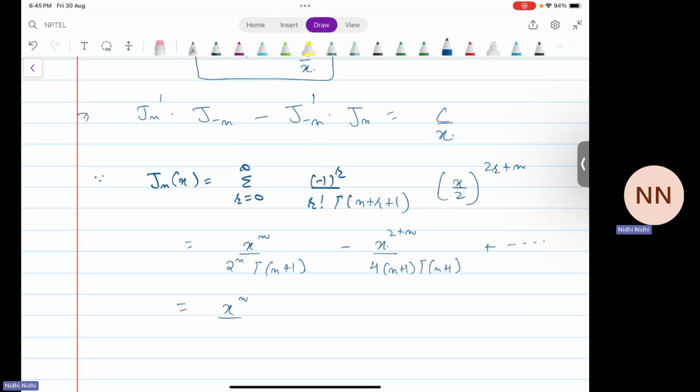I'll take common x^n over 2^n Gamma(n+1), since this is basically 2^(2+n), and we'll be left with 1 minus x^2 over 4(n+1), and so on.